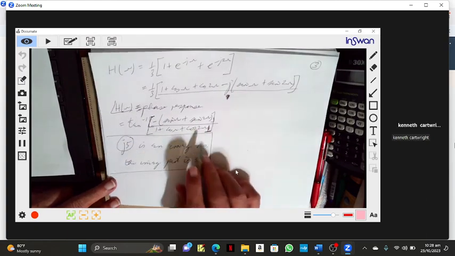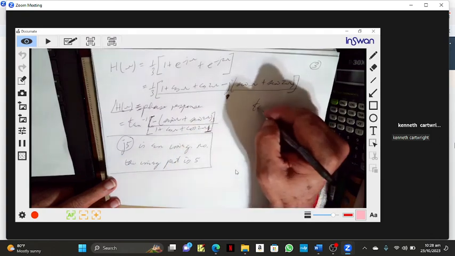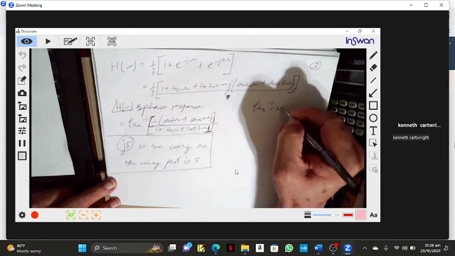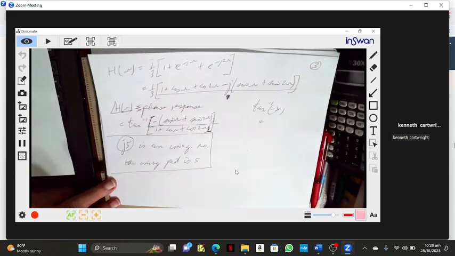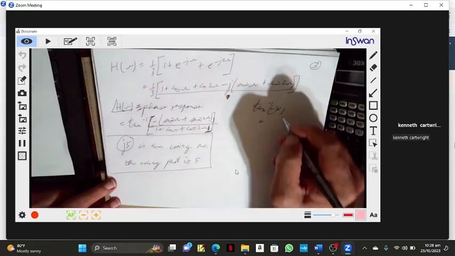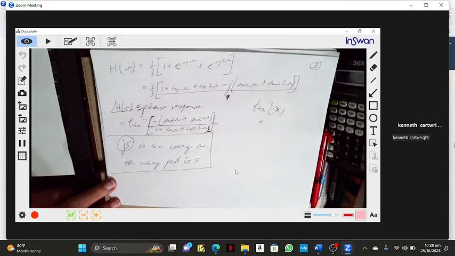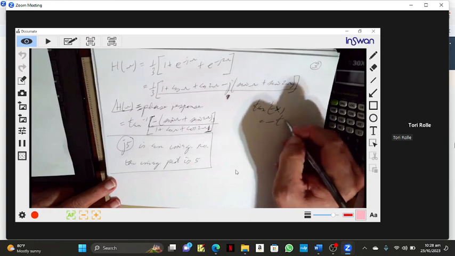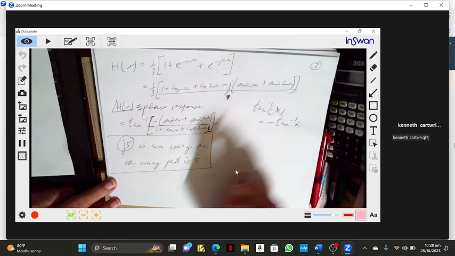Inverse sine of negative x is equal to what? Negative inverse sine of x.